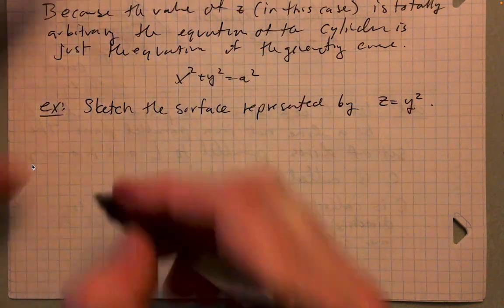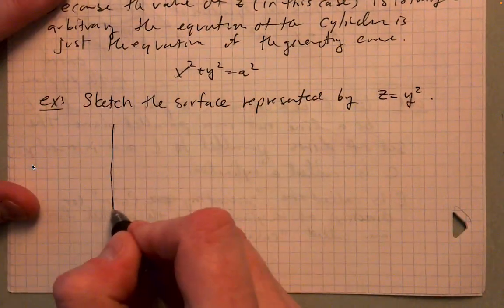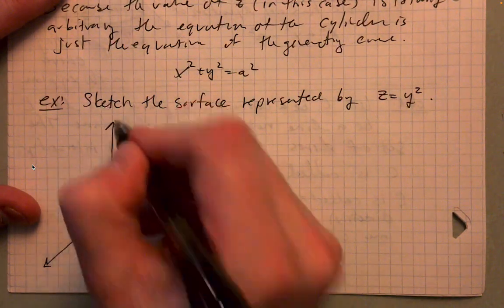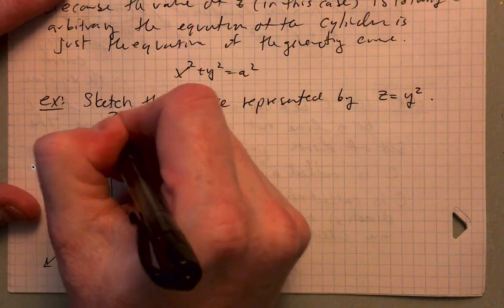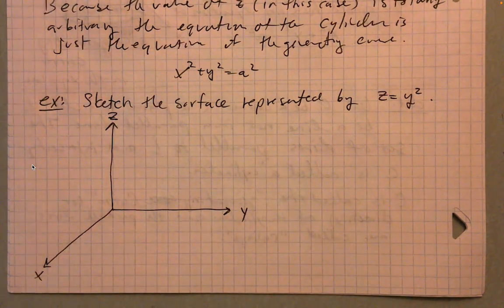Now, let's start with our coordinate plane. We'll just draw this in the standard way here. Sometimes it's better to spin it. Sometimes this works fine. I usually just start with this. So you've got your x, y, z coordinates. You notice the equation is z equals y squared.